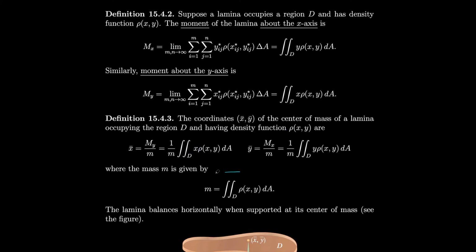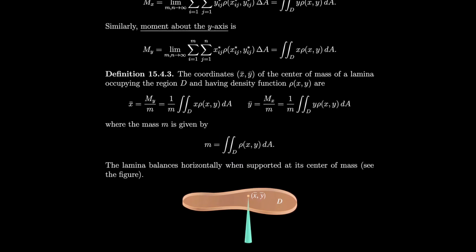Remember, the mass is the double integral of rho, as we saw before. The cool thing about the center of mass is that the lamina will balance horizontally when supported at its center of mass. In this case, it's not right in the middle, because we have some density function rho that's variable in this lamina. So this part must be a little bit more dense than this part in order to compensate and have this thing balance.